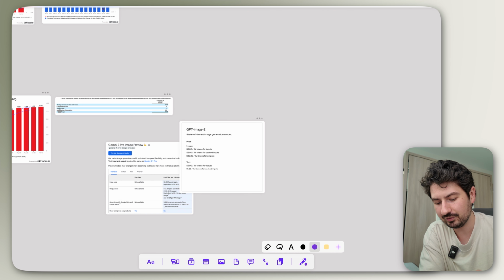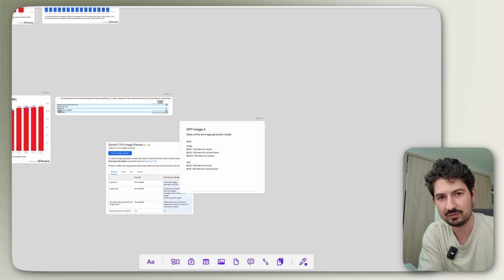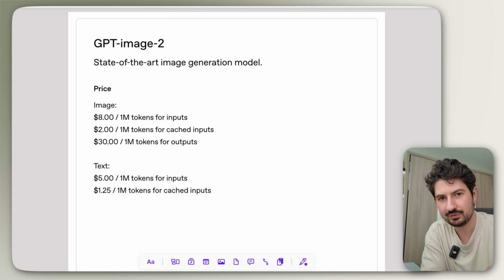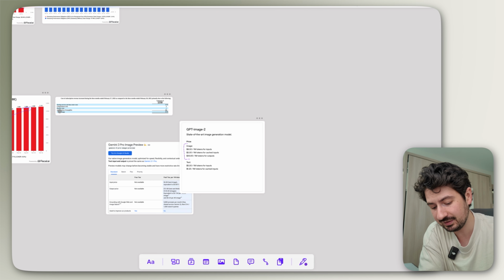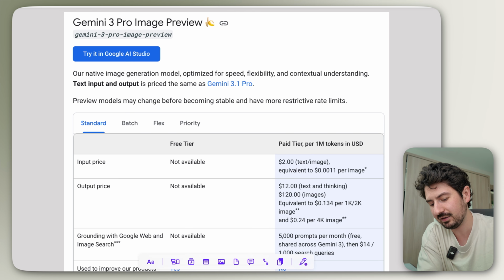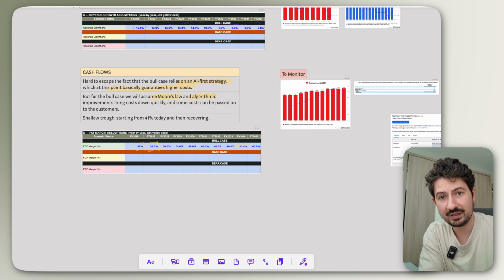And then finally, the other alternative measure that I want to monitor is the cost of image generation from some of Adobe's competitors. So, ChatGPT Image 2, watching this price per token to make sure it's coming down and at what pace it's coming down, as well as Gemini Nano Banana and whatever else comes out next. So that's the bull case.